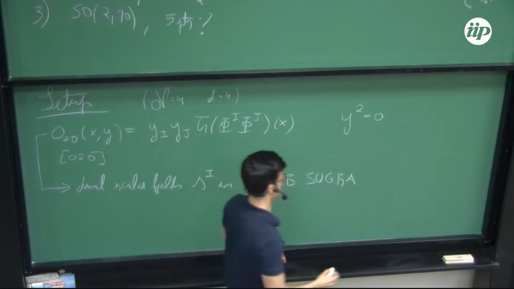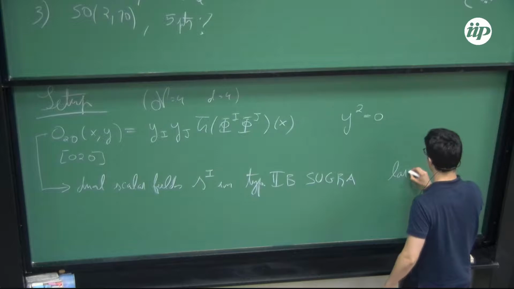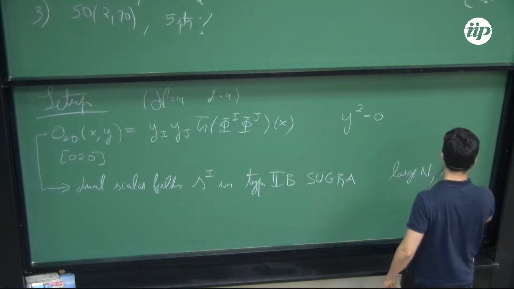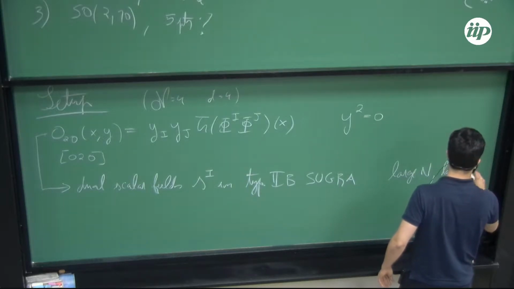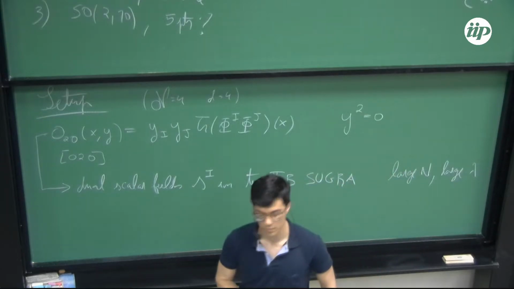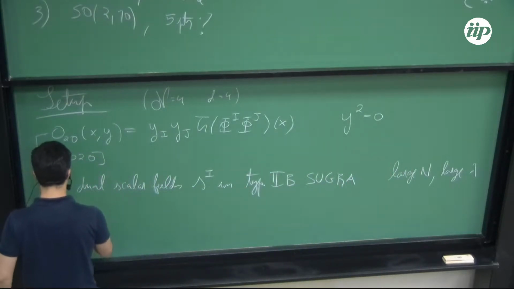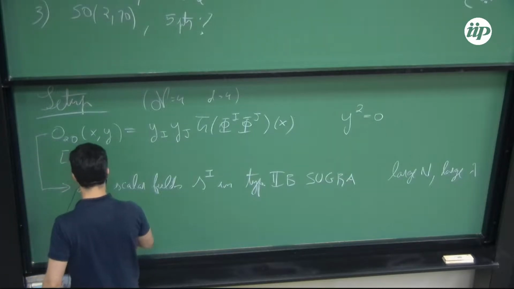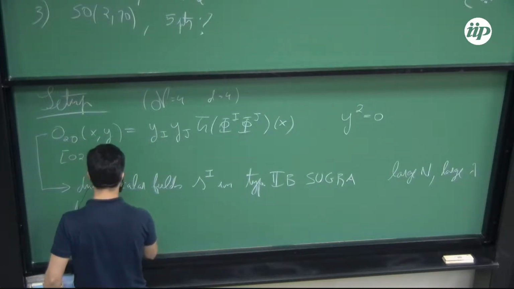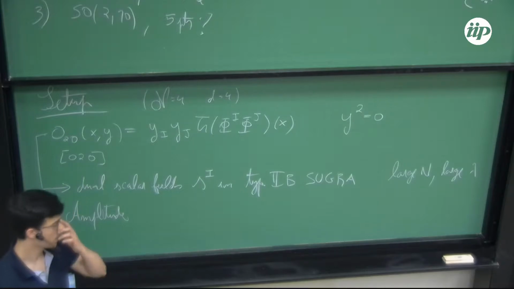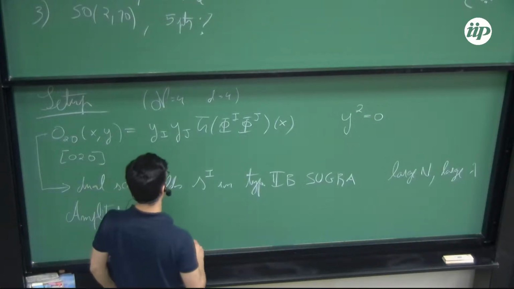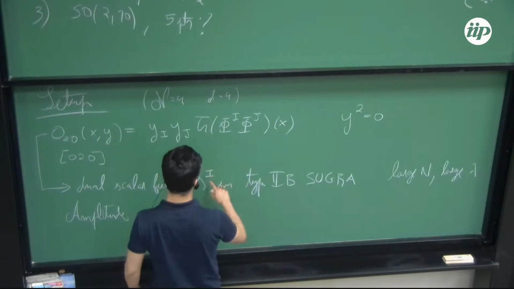This is large N and large 't Hooft coupling. And what we're going to be interested in is basically computing the amplitude... no, yeah, so okay, this is bad notation.